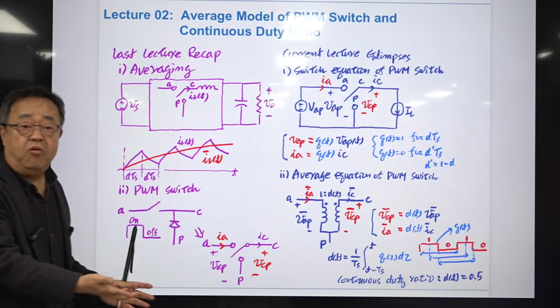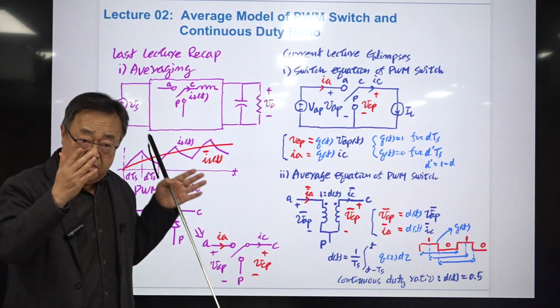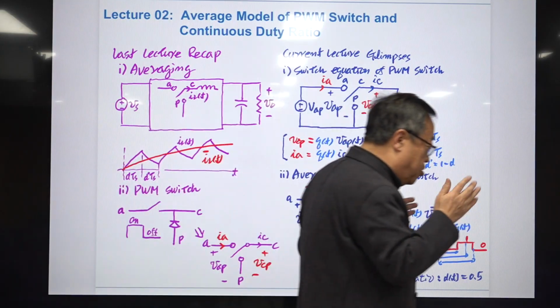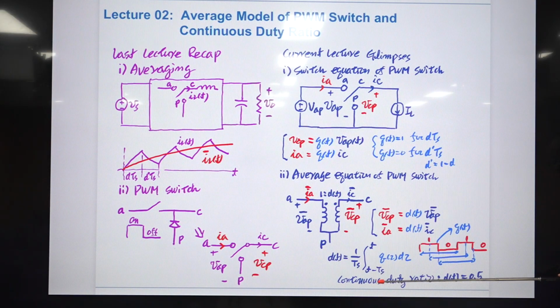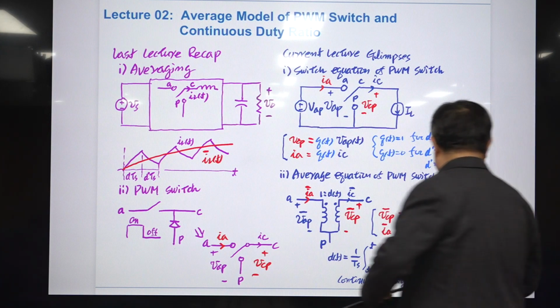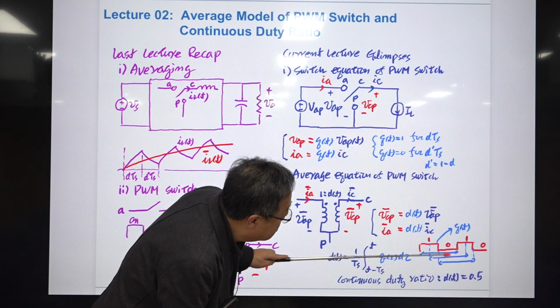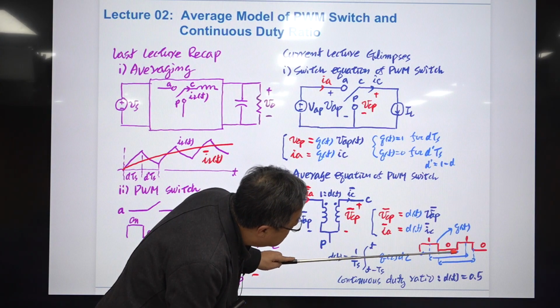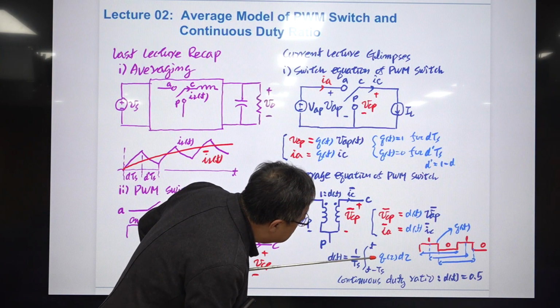Okay, so this is called the moving average, and the evaluation period of averaging is TS, the switching period. Okay, that means let's consider these waveforms. This is the actual switch drive signal QT, and assume the duty ratio of this is 0.5. So during half the switching period, this value is 1, and for the remaining half the value becomes 0. So we integrate this value over this period and divide this by that TS period.